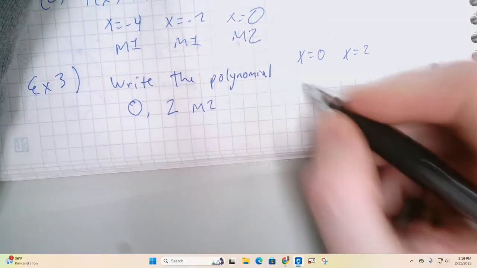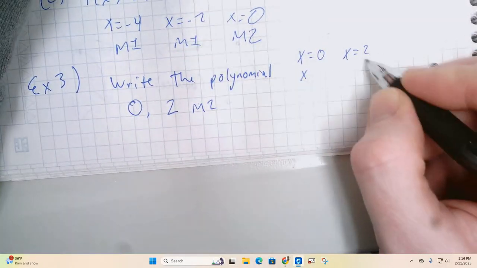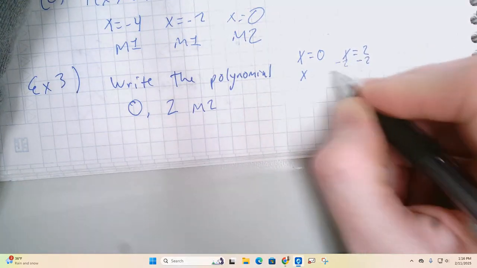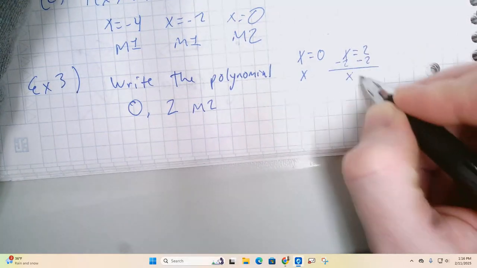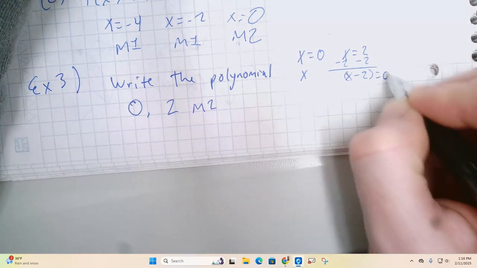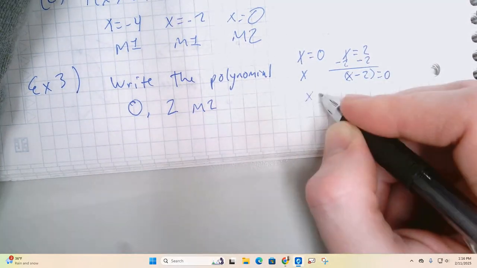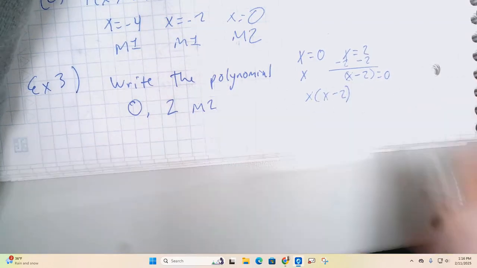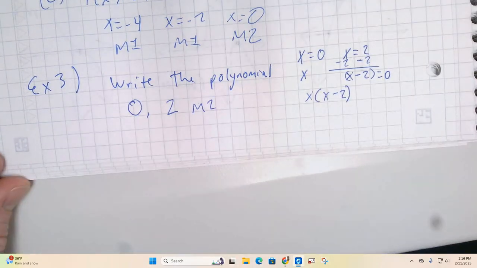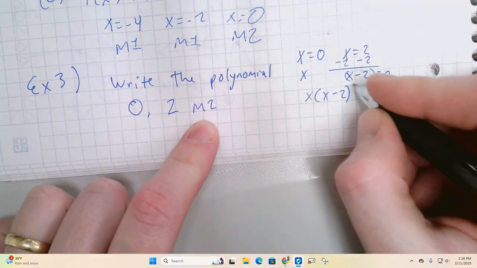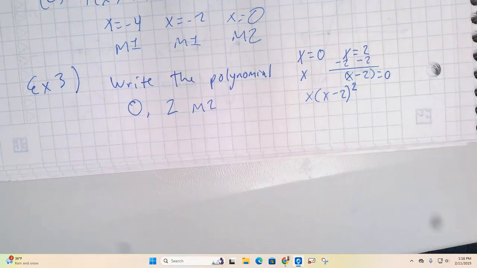x equals 0, there's not a whole lot we can do. That's just an x. The 2, if we were to subtract that, that would be x minus 2 is now equal to 0. So if we put those together, we have x and x minus 2 in parentheses as a quantity. Keep in mind it was a multiplicity of 2, so you do have to have an exponent of 2 there. And now let's take it even further.